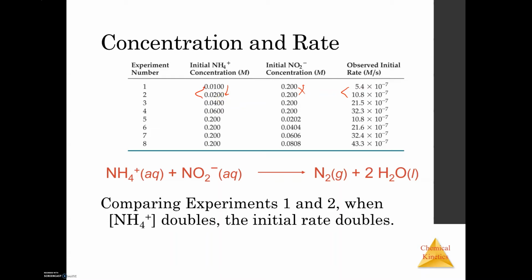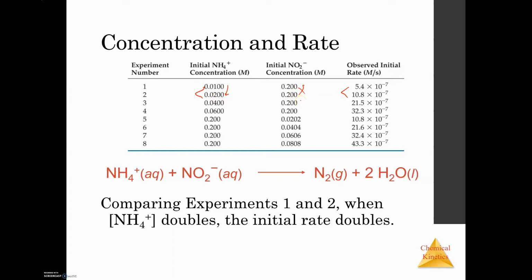So what exactly does that mean? We use this information, how the concentration and the rate change, to determine your exponents m and n. This is how we're able to figure out the orders of reaction. So we would figure out NH4+ using experiments 1 and 2, because it changes in those 2 experiments, but you hold the NO2- constant.